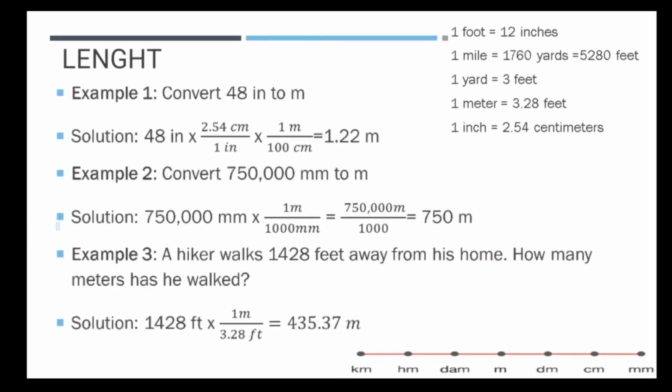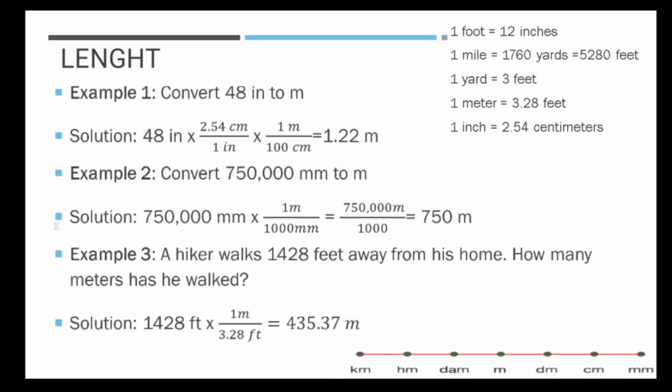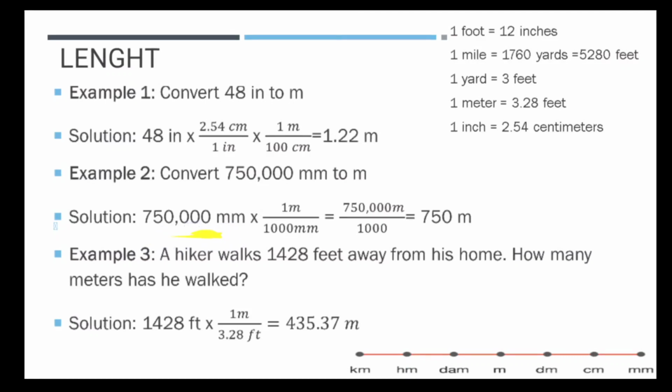Because 1,000 has 3 zeros. Therefore, we will put 1,000 millimeters on the denominator because our given is millimeters. Okay? Then 1 meter should be on the numerator. So 750,000 millimeters times 1 meter over 1,000 millimeters.